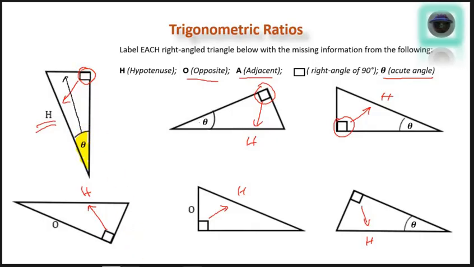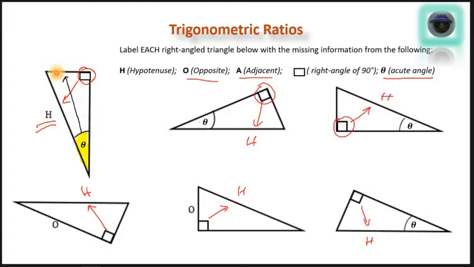Remember, if this angle is 90 degrees, it means that the other two angles will be acute angles, because together they have a sum of 90, because 90 plus this 90 here is 180. Remember, the sum of angles in a triangle is 180 degrees.